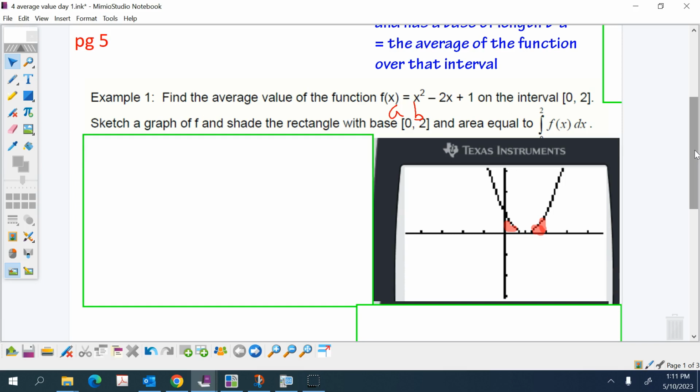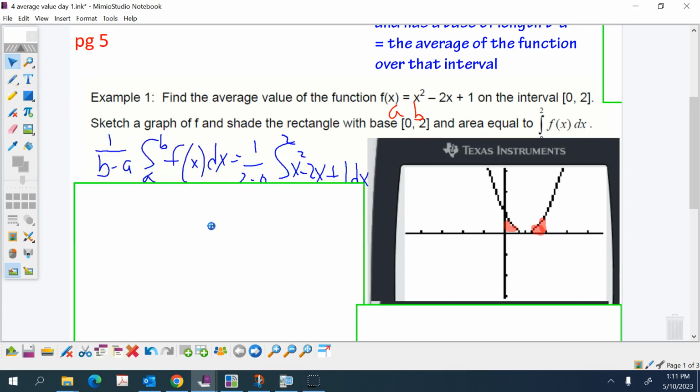When I put that in my calculator, I get a parabola, and the shaded region is between the parabola and the x-axis, like when we first started doing integrals. But remember, I don't want the area.